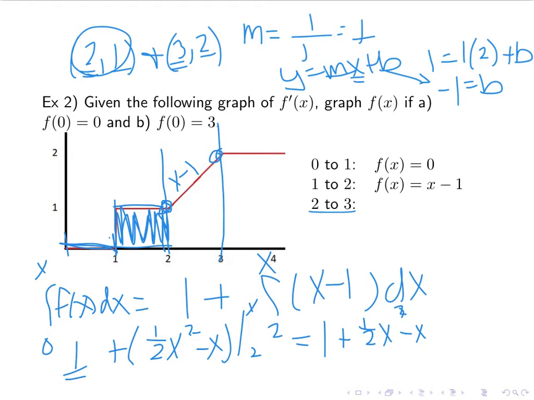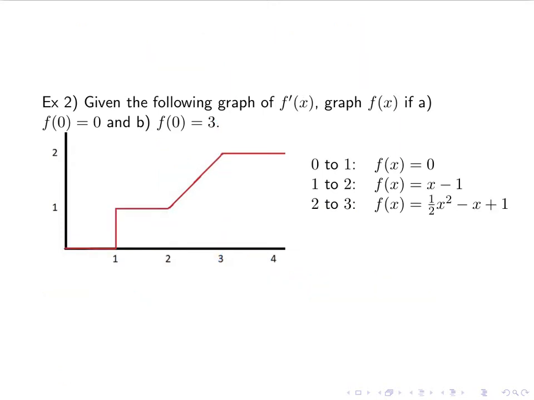And then I plug in 2. Plugging in 2, I get 0, so I'd be subtracting 0. So I have 1/2 x squared minus x plus 1. So this is going to be that equation for 2 to 3. 1/2 x squared minus x plus 1. So the last section we have is 3 to 4.